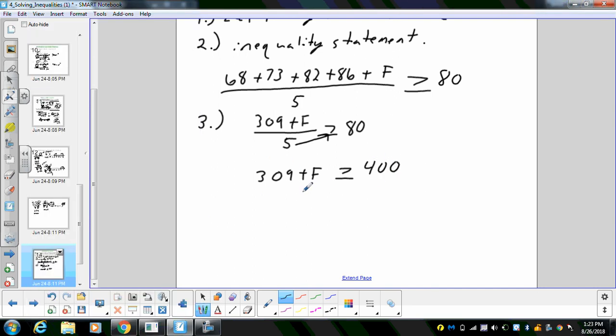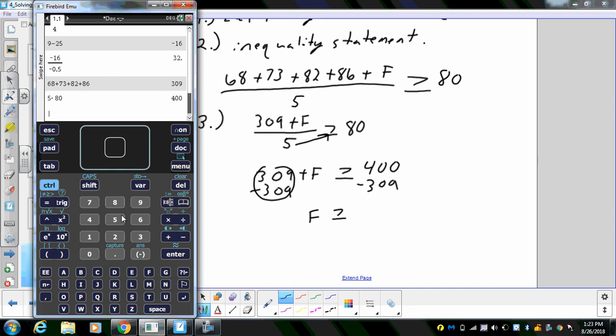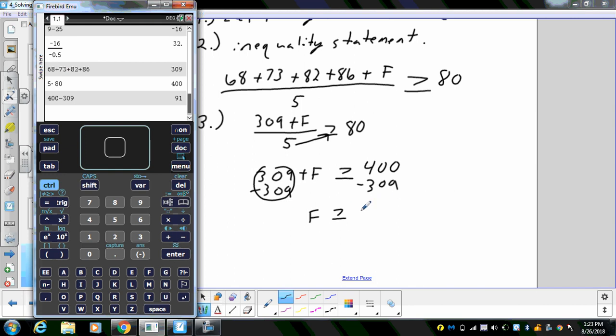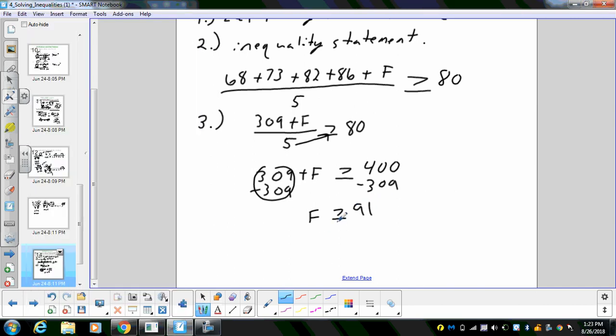And now I can get rid of my constant by subtracting 309 on both sides. That zeroes out, so that means F has to be greater than or equal to 91. So that's the score you would have to make on your final exam in chemistry to have an average of 80 or higher.